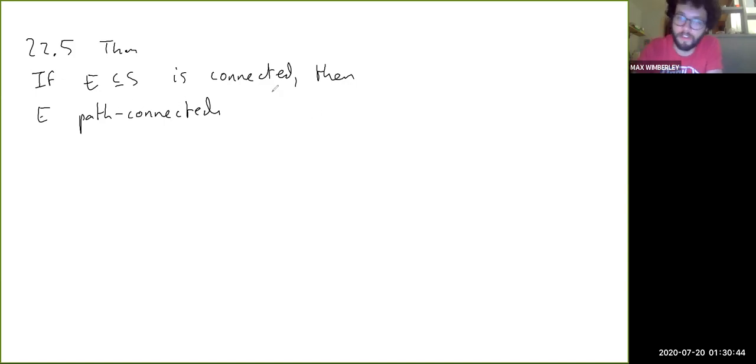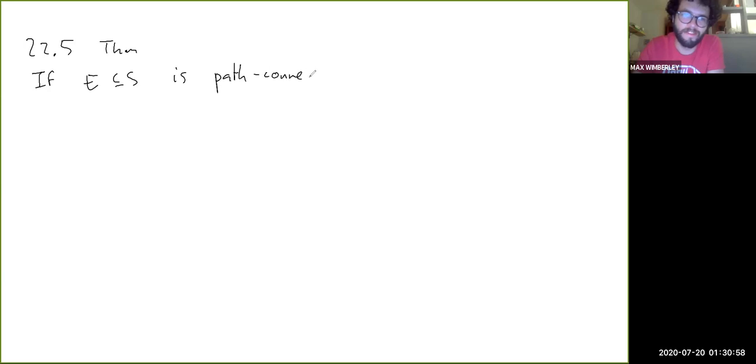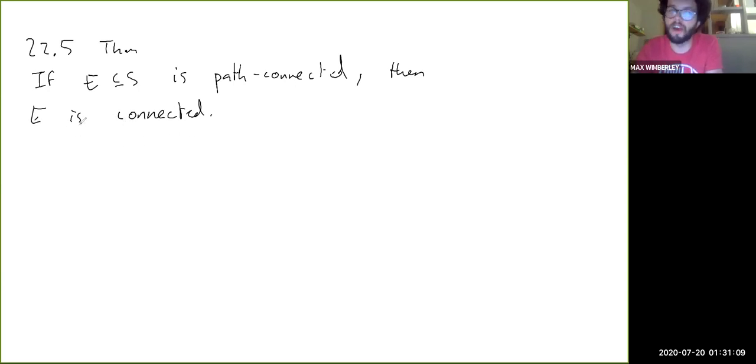Perhaps surprisingly, it doesn't go the other way. There are actually connected spaces which are not path connected. I'll mention an example at the very end, but I'm not going to go through the proof rigorously. Maybe you can think about it for yourself. That could be a good exercise. So again, if E is path connected, then E is connected.